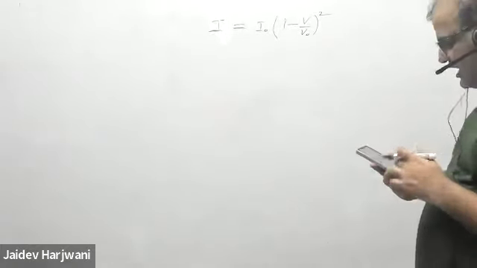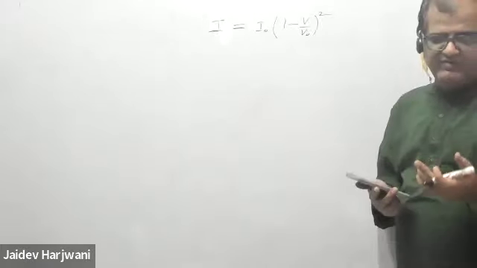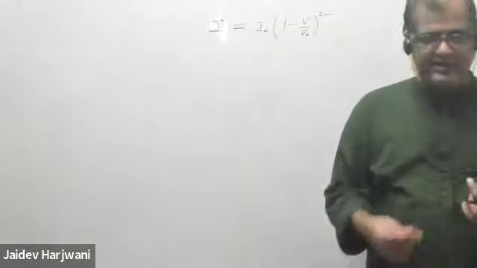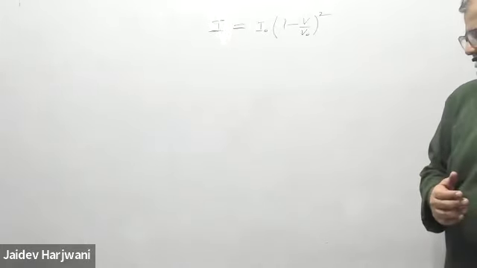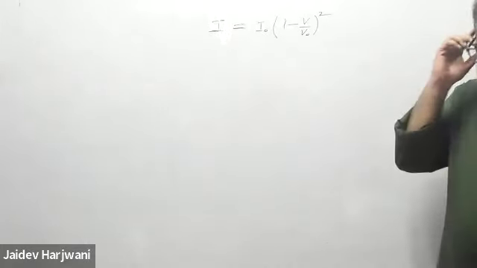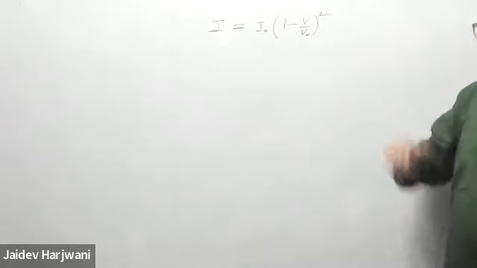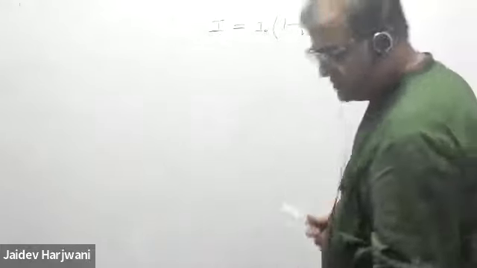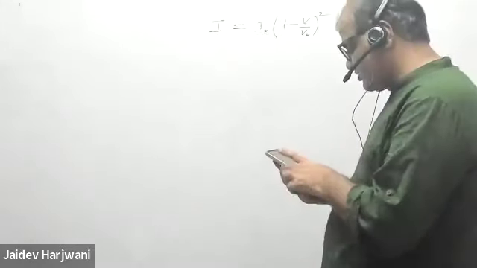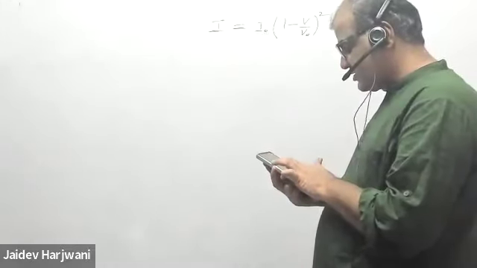Some variation is given, an I versus V curve. This may be true for any device. We don't know exactly which device is following this, so the IV characteristic of some device is given. Now you say I0 is constant, V0 is constant.